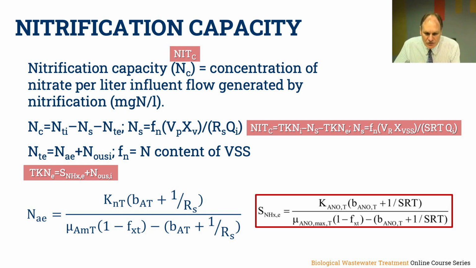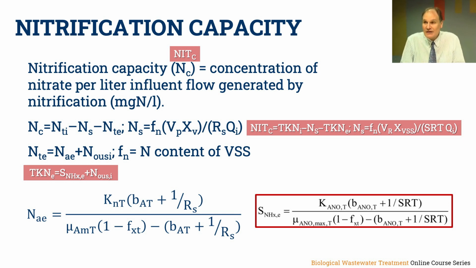The nitrogen concentration that I require for sludge growth is the volatile solids concentration in the biological reactor. The volume times that volatile solids concentration gives me the mass of volatile solids in the reactor.